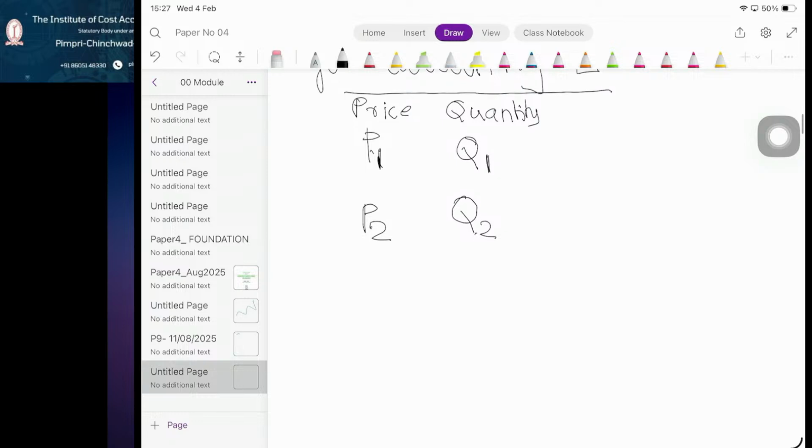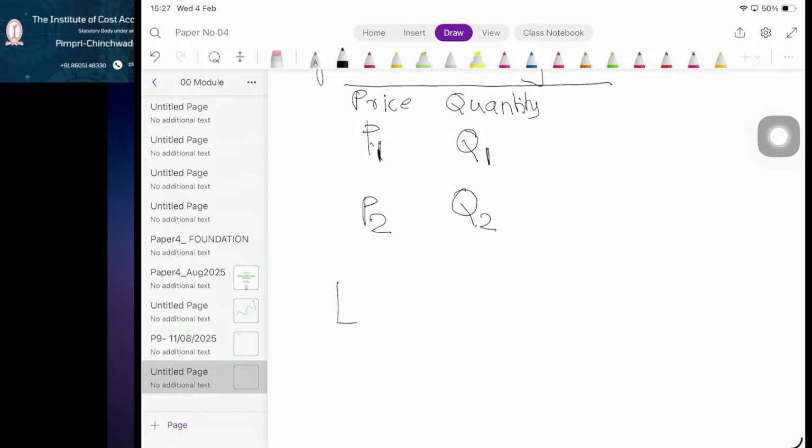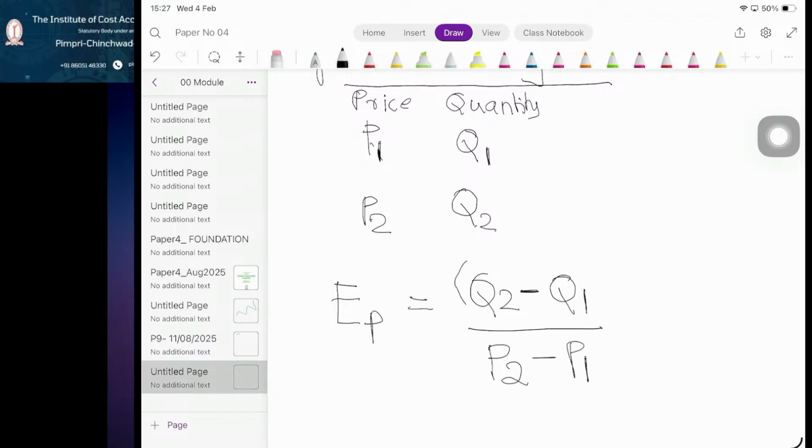Okay, so remember this midpoint formula, elasticity of demand is (Q2 minus Q1) upon (P2 minus P1).